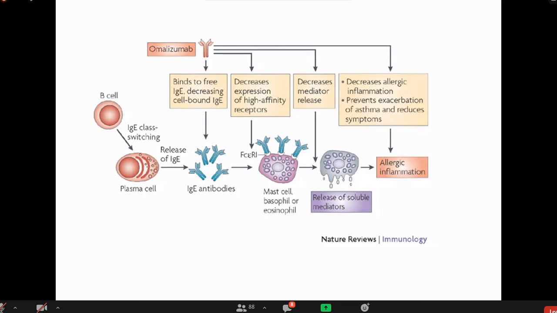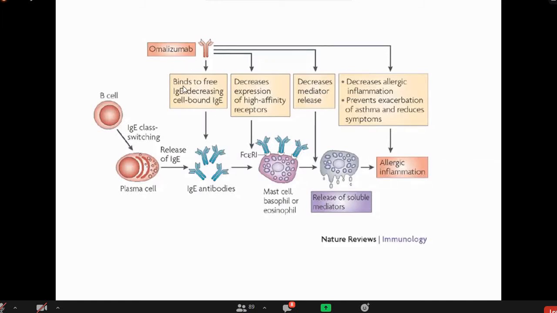So on first exposure, there is no problem. This point we have already discussed, because on the first exposure our immune system is activated. B cells are responsible for producing immunoglobulin E antibodies. They attach to mast cells. On the second exposure, that allergen or antigen or foreign substance binds with this immunoglobulin E. Antigen-antibody reaction takes place, with rupturing of the mast cells.